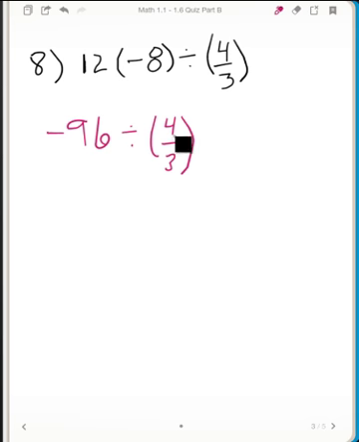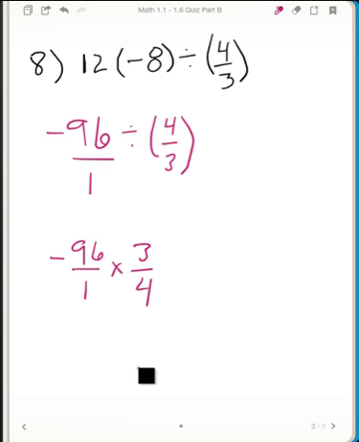So whenever you divide fractions, it's the same as multiplying by its reciprocal. Even though we don't see it here, this 96 is technically over 1. So I'm going to have here negative 96 over 1 times the reciprocal of this guy. So instead of 4 over 3, I'm going to flip it to become 3 over 4. Okay?